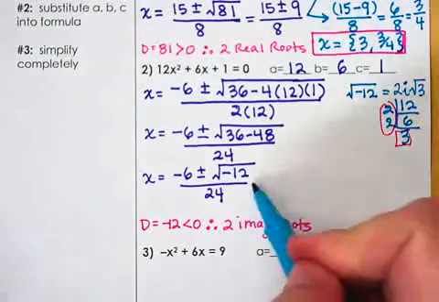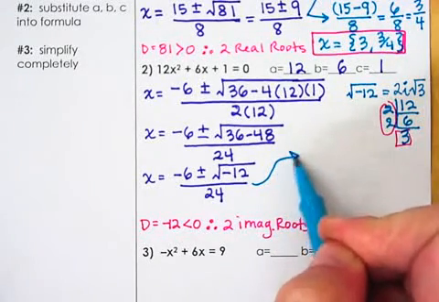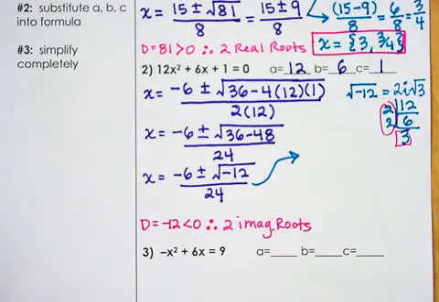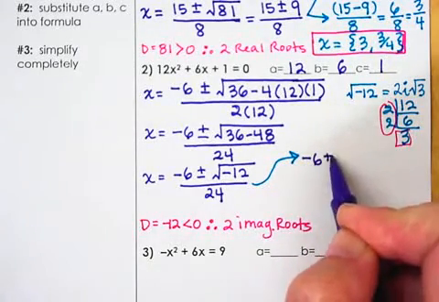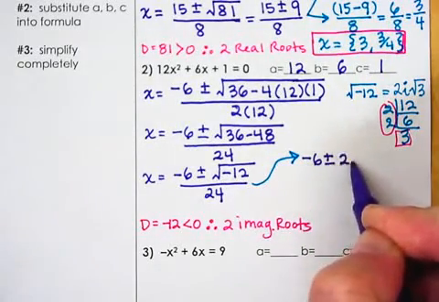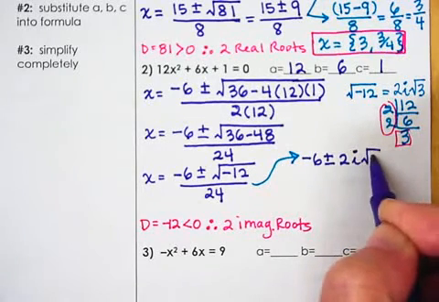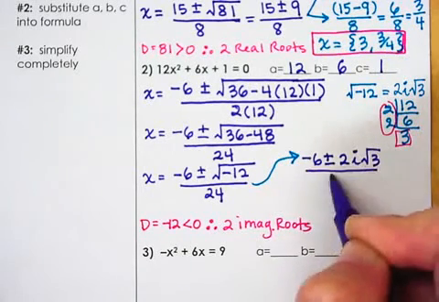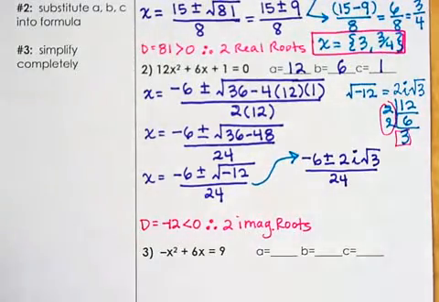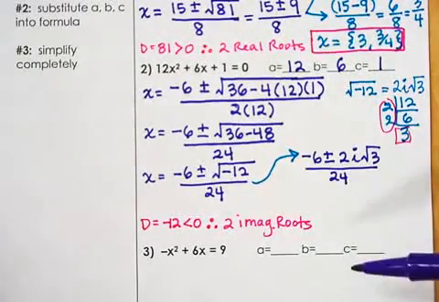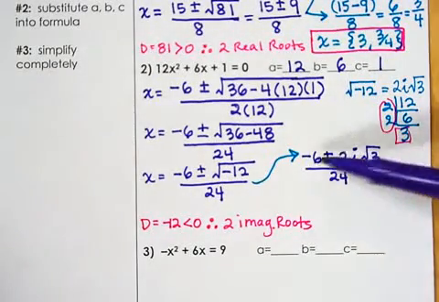So we're going to go ahead and rewrite this as negative 6 plus or minus 2i radical 3 all over 24. Now, there's one more step that we like you to do here. When you look at these, there's 3 things happening. The top is a complex number.